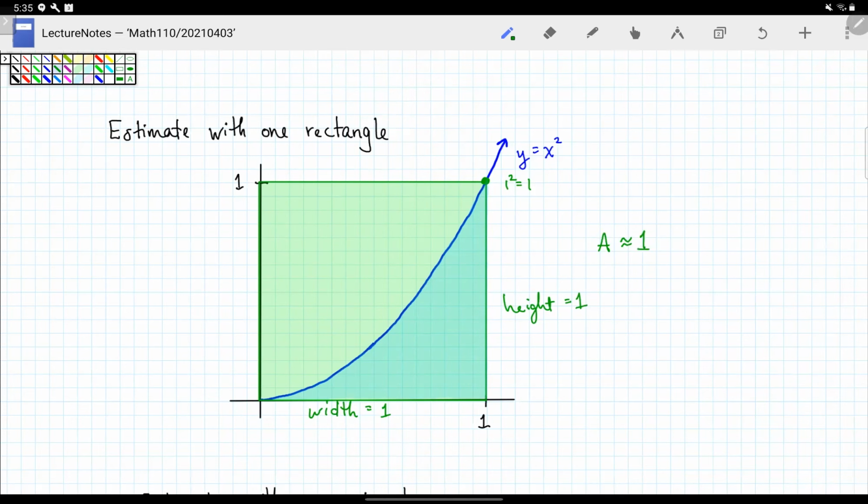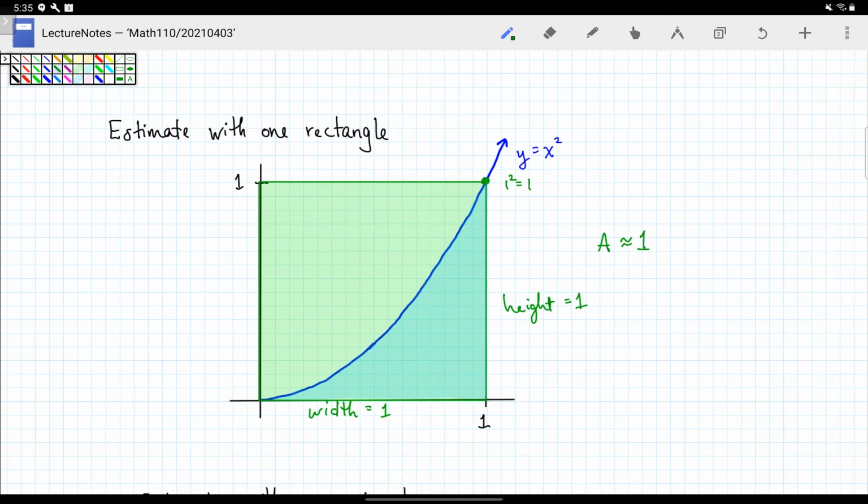Now, like I said, this might seem like a dumb first estimate, but a lot of times what you want to do is the simplest thing that you can possibly do and see how you can revise it. So we're going to revise this by using the function values.